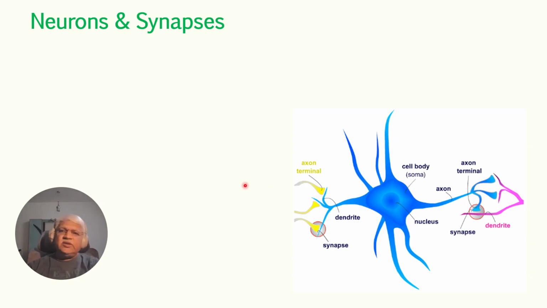So the neurons communicate with each other through these synapses. Let me share a few facts about the brain. There are 1,000 times more connections in the brain than stars in the Milky Way galaxy. Another fact is humans use all of the brain all of the time, not just 10% of the time as we usually say.